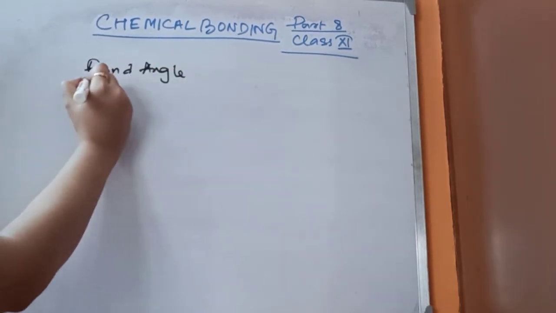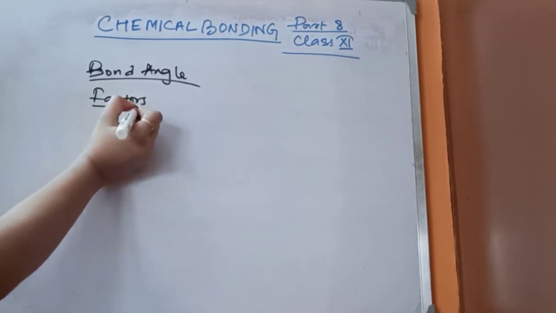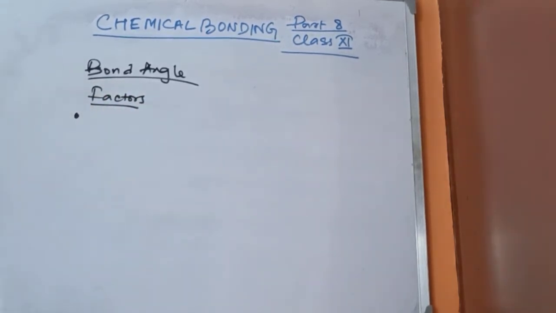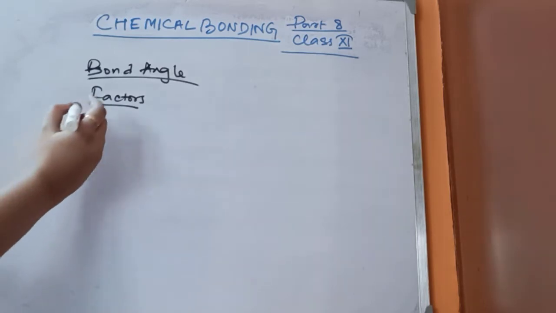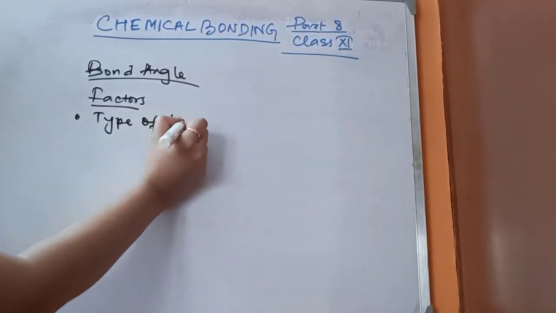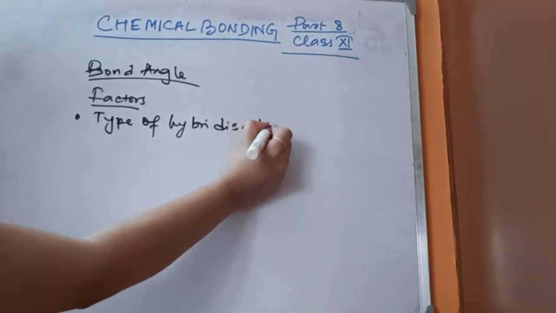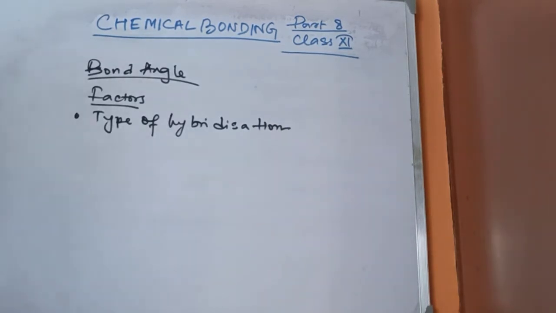So next we will come to the factors. Among the factors, the first factor is type of hybridization. Bond angle basically depends on the hybridization of the central atom present in a molecule.